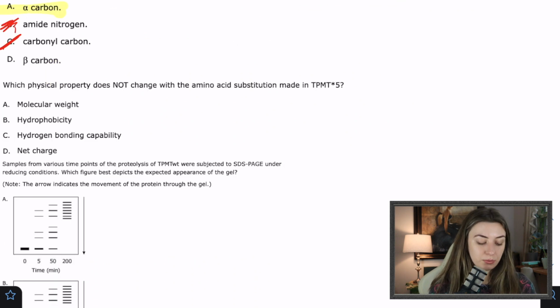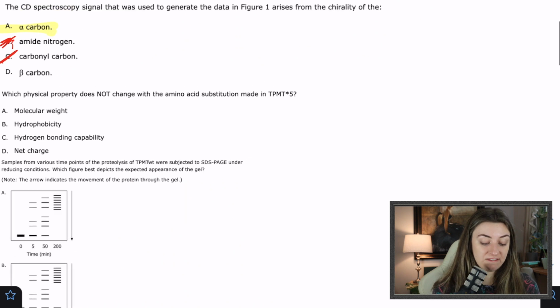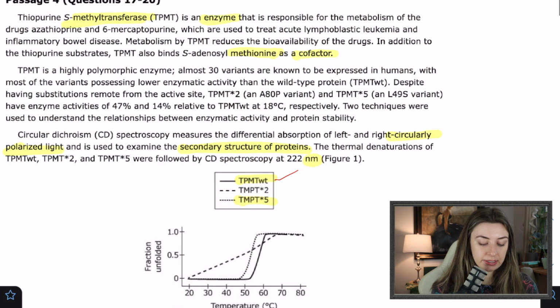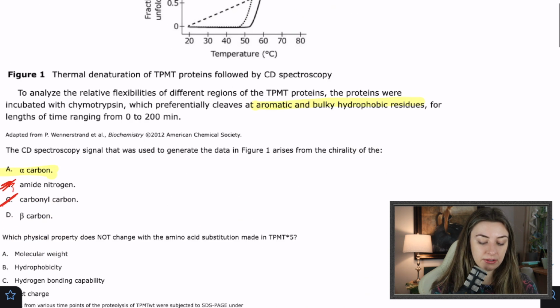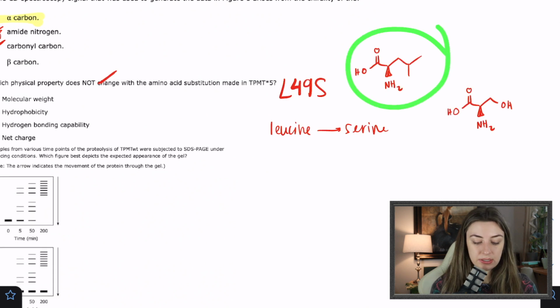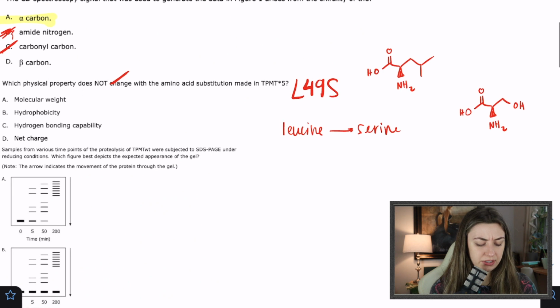Number 18 says, which physical property does not change with the amino acid substitution made in TPMT5? So let's go up and see what that amino acid change was. In TPMT5, it is L to S at the 49 position. So this is leucine and this is serine. Is there going to be a difference in molecular weight? Yeah, right? It's hard to not have a difference in your molecular weight.